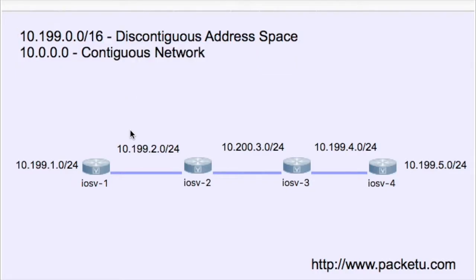When we're talking about a network versus an address space, or a contiguous network versus a contiguous address space, we probably need to clarify, but the term network typically would mean that we're talking about classical rules.